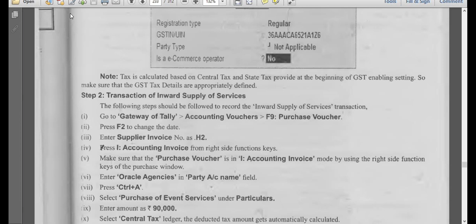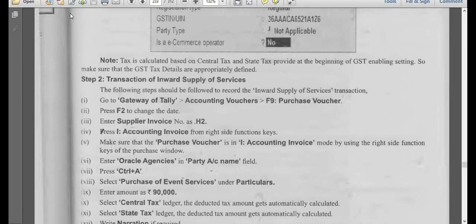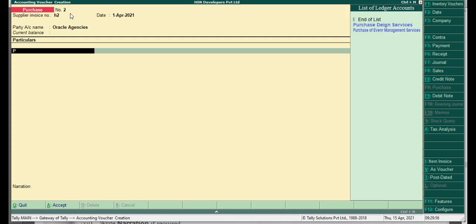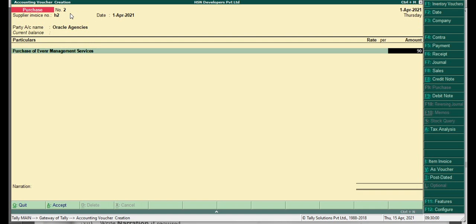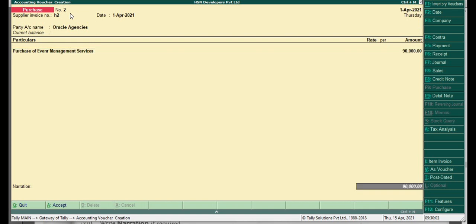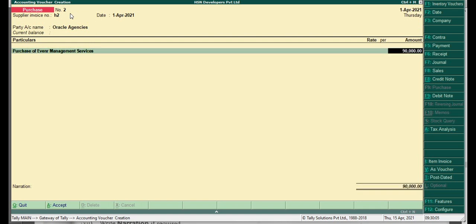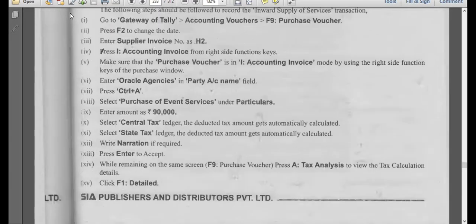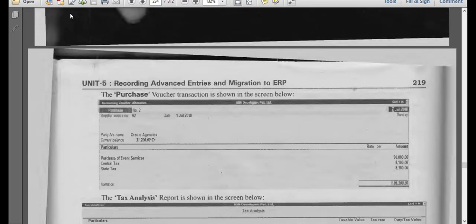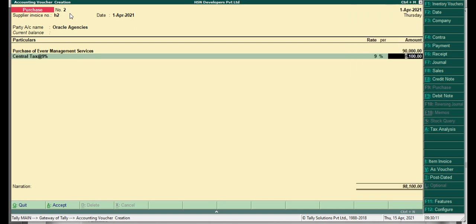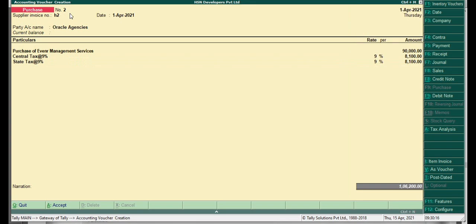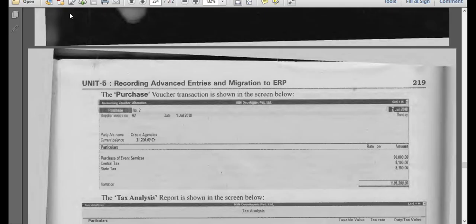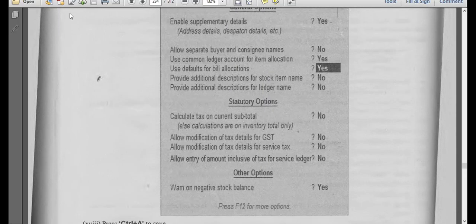What we have purchased? Purchase of event management services for 90,000, and it includes central tax and state tax. Total 1,06,200 will be the entry.